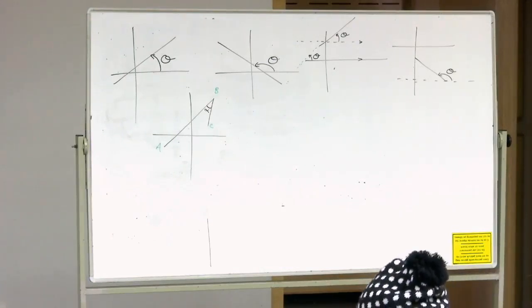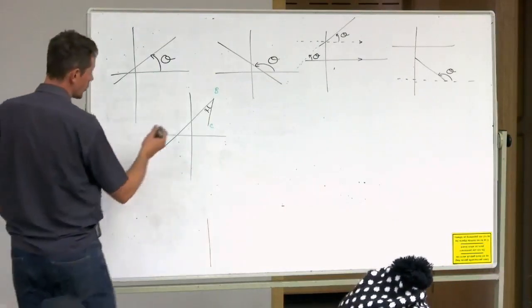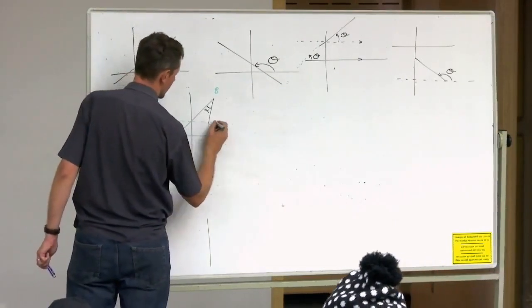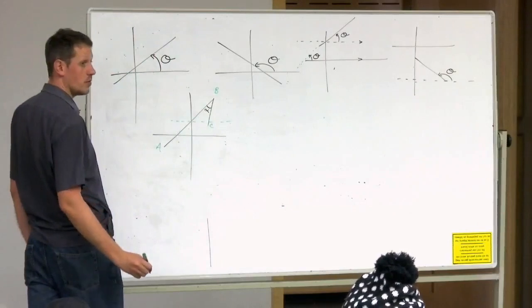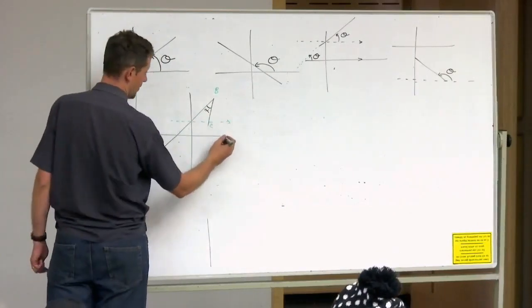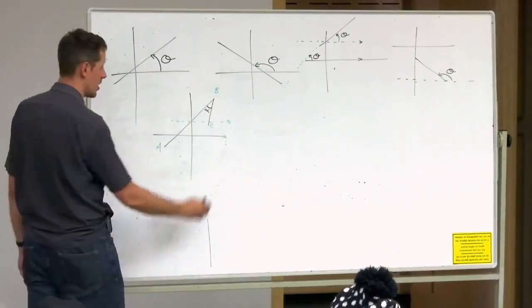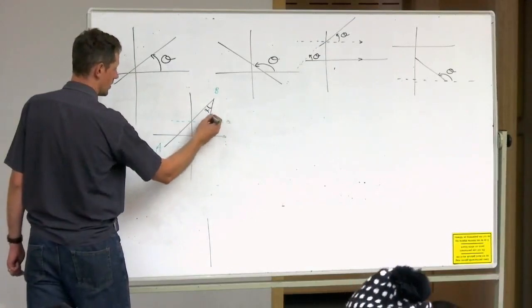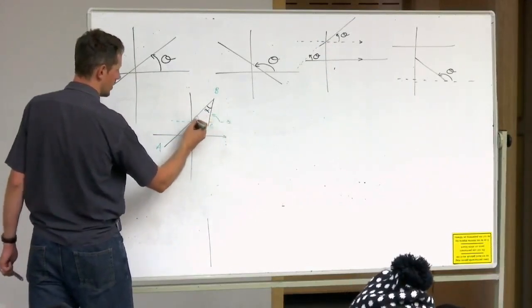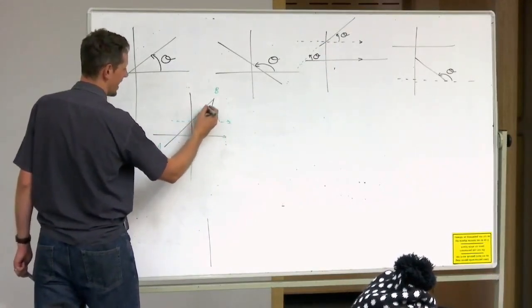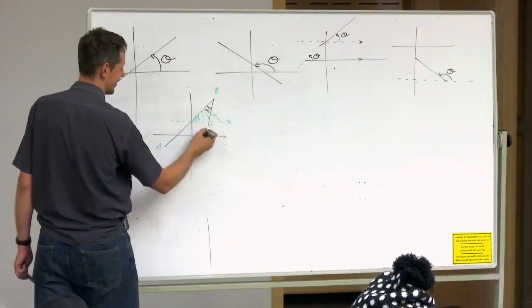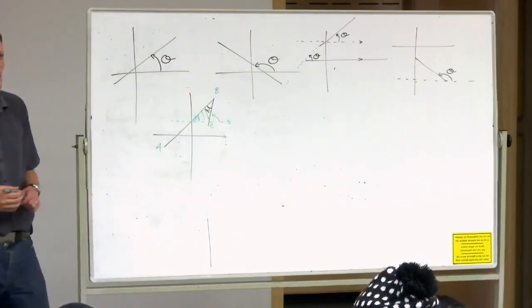In this case, I would go and draw my angle of my line parallel to the x-axis there. There's the one, there's the other one. Oh, but I've got a triangle here. So I can use normal geometry.